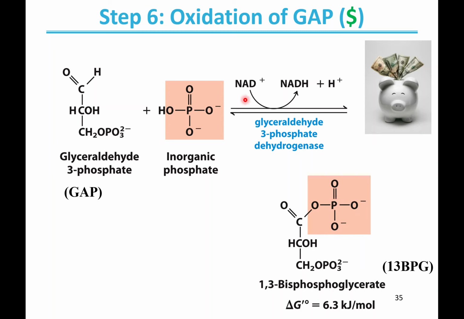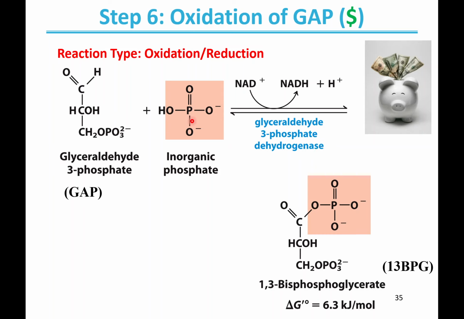By doing this, you're also taking an NAD+, an oxidized nicotinamide adenine dinucleotide, and reducing it to NADH. This is all catalyzed by an enzyme called glyceraldehyde 3-phosphate dehydrogenase. That enzyme name, dehydrogenase, is telling you that this is an oxidation-reduction reaction.